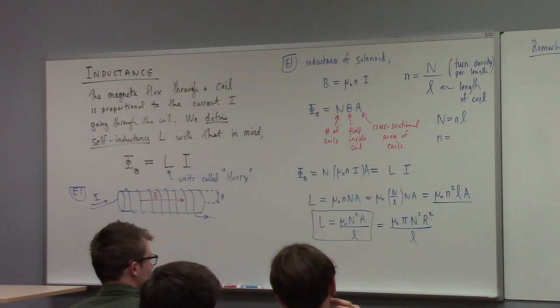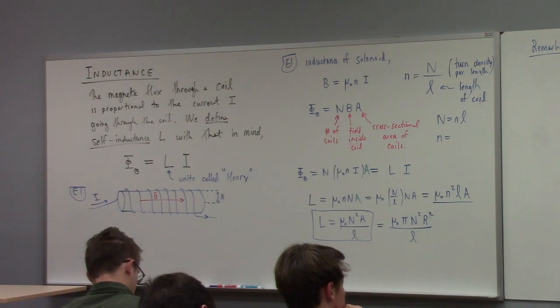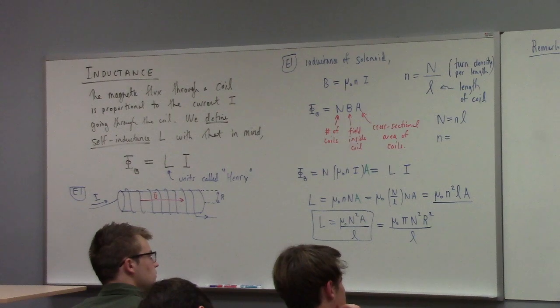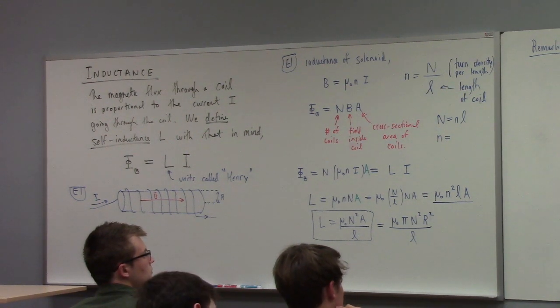So this has units of Tesla meter squared, is equal to a Henry times an ampere. So apparently Tesla could also be written as Henry times an ampere divided by a meter squared. But on the flip side, Tesla is the unit of the magnetic field, right?